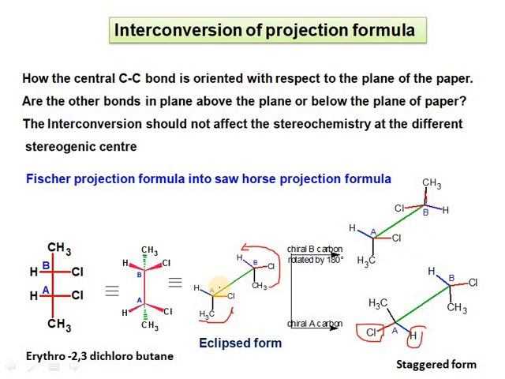We can rotate A carbon only to give this type of rotation. So all these conformations are in the form of staggered conformation. These are staggered conformations, because this methyl group, this is the eclipsed form.